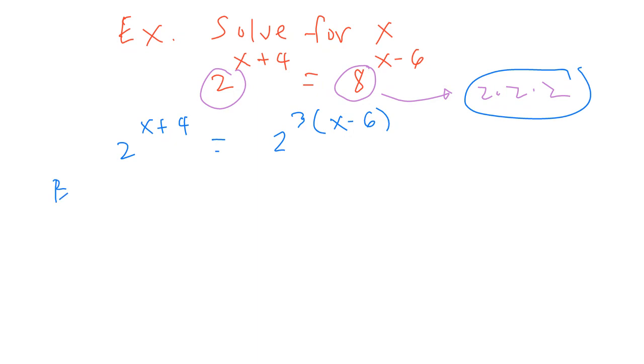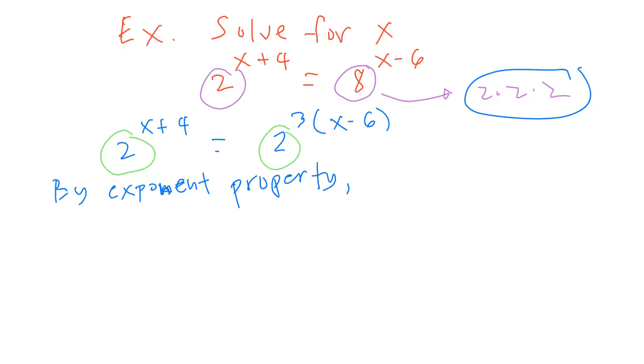And then applying the law of exponents. So this is by exponent property or law of exponent property. We are looking at applying the base here, and you have a base 2, so they are the same.